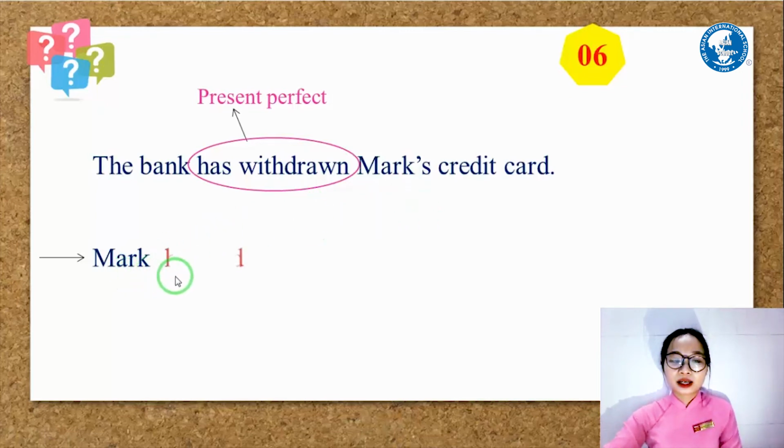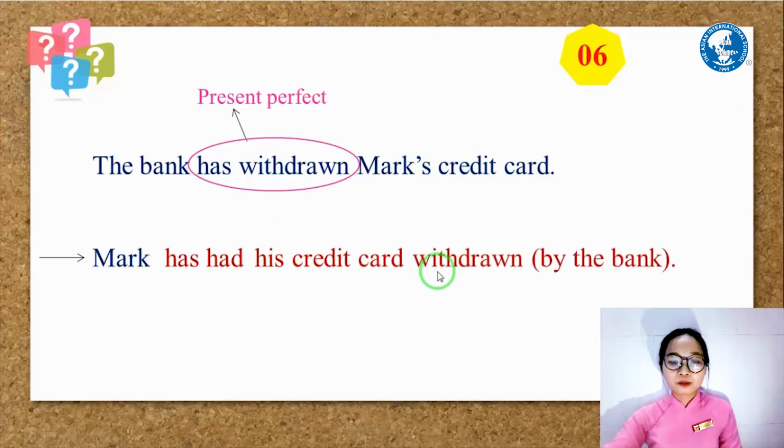So Mark in present perfect, so we have has had, and the object is Mark's credit card, so his credit card. And the action verb in past participle form, withdrawn. You can add by an object, by the bank, or you can omit them.